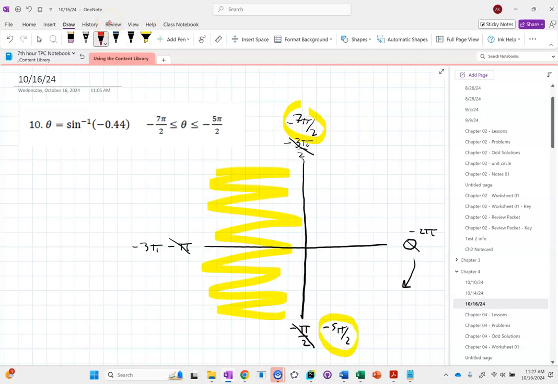So we're starting here at 0, negative 1/2, negative 1 pi, negative 1.5 pi, negative 2 pi. Negative 2.5 starts here. Negative 3 pi, negative 3.5 ends there.